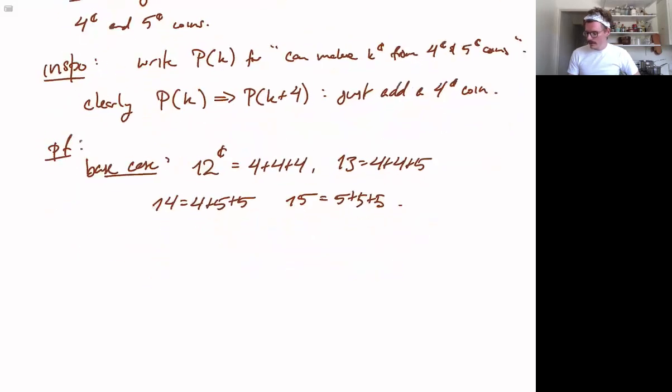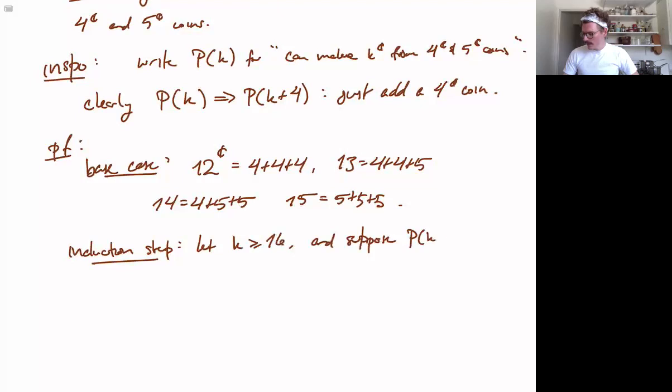And the induction step is: let k be at least 16 and suppose P of k minus 4 is true. And note, this is covered by our base case.